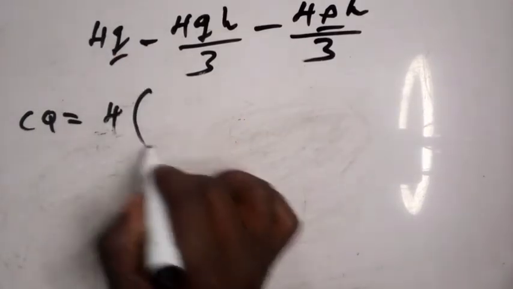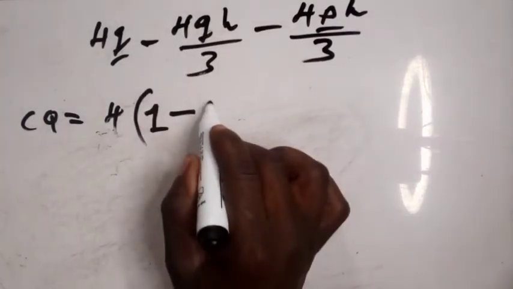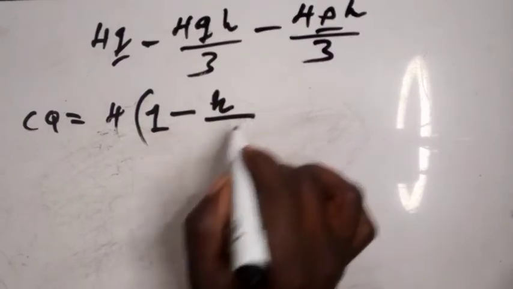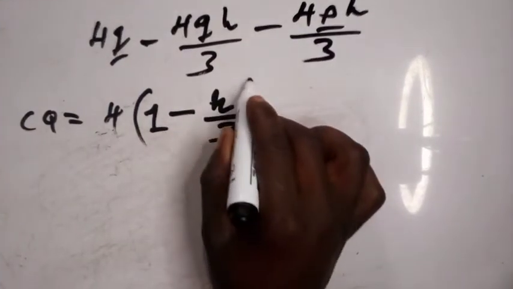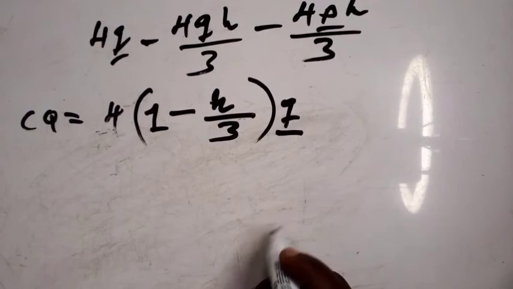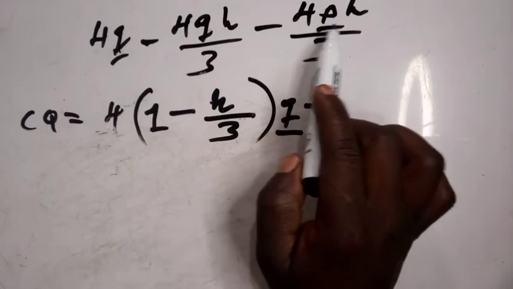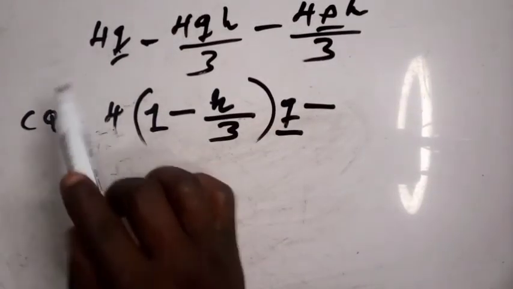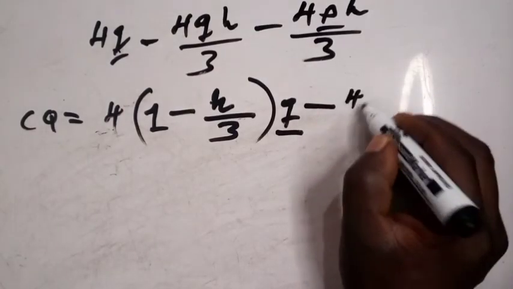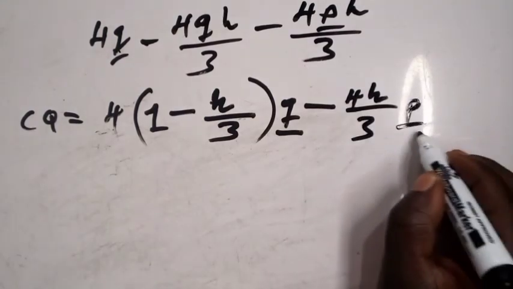We are going to have 1 minus h over 3, then q outside here. Then minus, as you can see, p is going to appear here, so we take this one the way it is: 4h over 3 p. So that's the final answer.